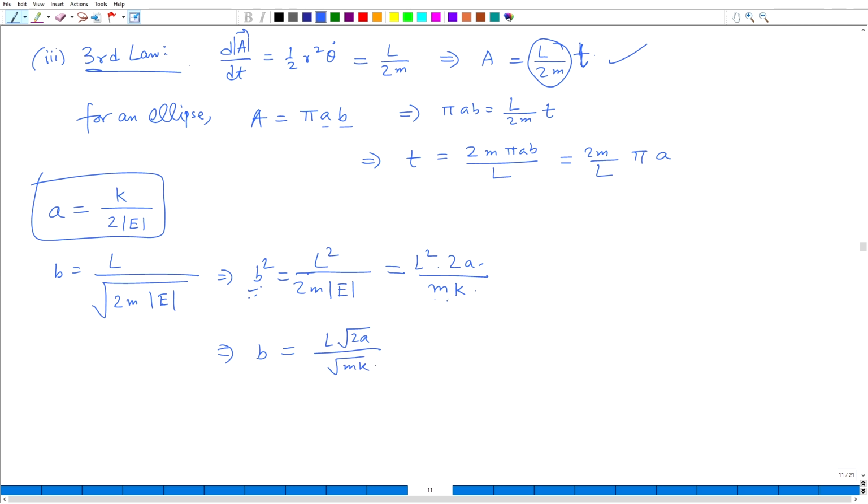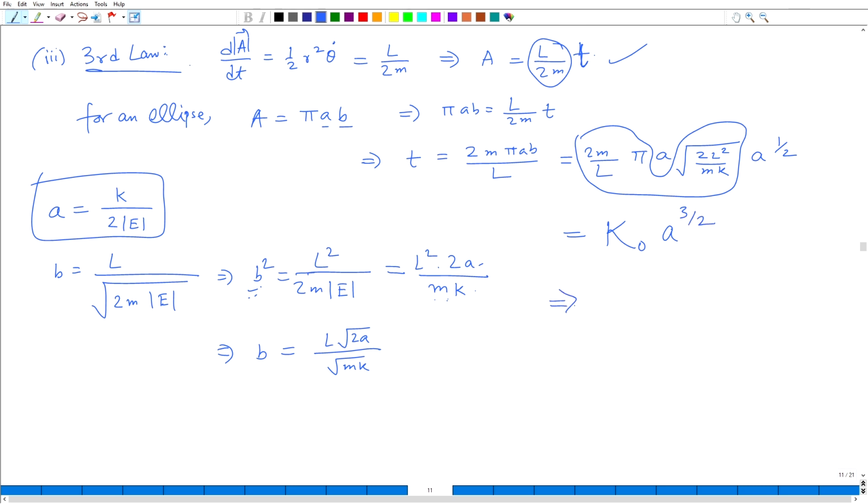I can do the same thing over here, I can write root 2 L squared by mK, and then it will be A to the half. All the other quantities over here are just constants, and it will simply be equal to some constant K0 times A to the power 3 by 2.